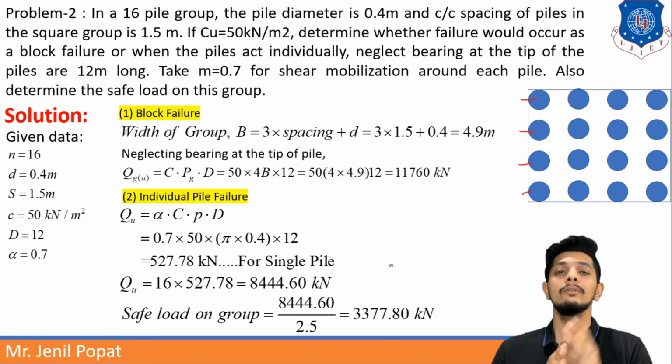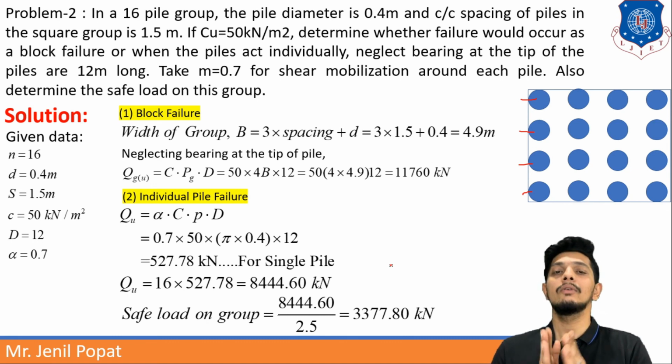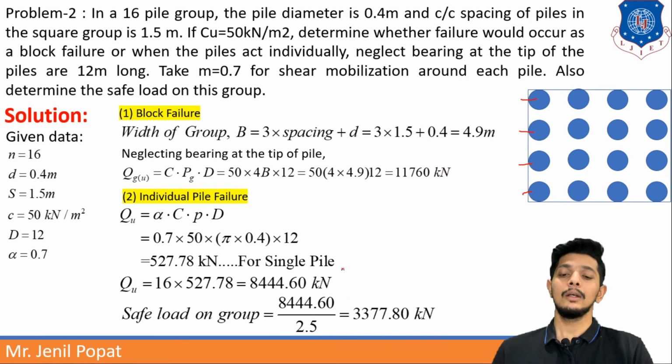If it is provided we should obtain it from there, but in the generalized case we take the factor of safety as 2.5 as it is very sensitive. So dividing the smaller value of both of them, that is 8000 something, by 2.5, it comes out as 3377.80 kilonewton. So this is the safe load you can apply on this pile group.